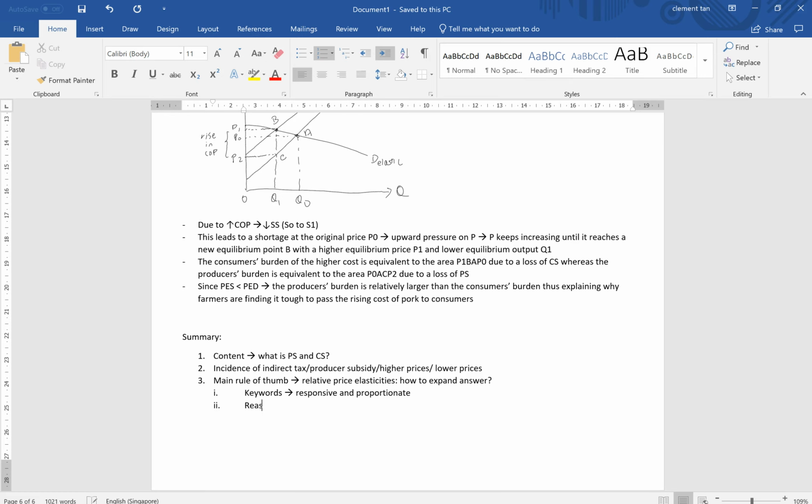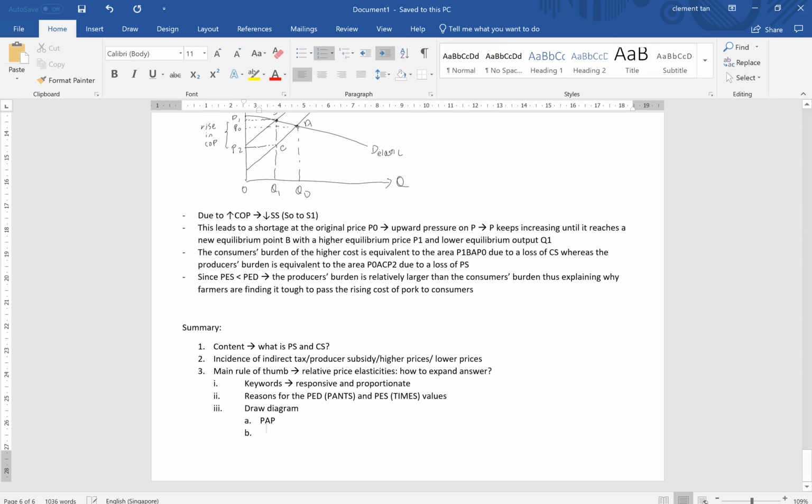Number two, give reasons for the PED and PES values. For PED, you think of PANTS. For PES, you think of TIMES. Then draw the diagram. When you draw the diagram, you must explain the price adjustment process, shortage or surplus, and then explain the loss of consumer and producer surplus with the equivalent areas. That's it. It's very prescriptive.